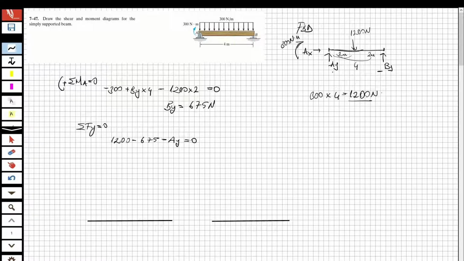We don't have any other vertical forces. Look at here, we just have AY and By, and the 1200 Newton force. From that equation, I obtain AY equal to 525 Newton. Now I obtained AY and By, so I can draw the shear and the moment diagrams.